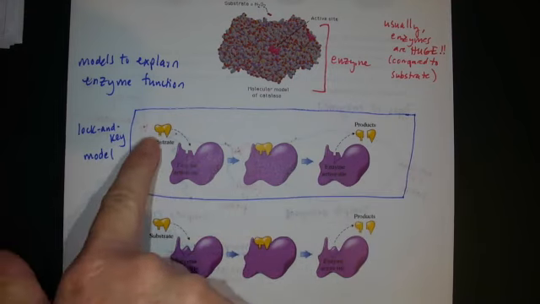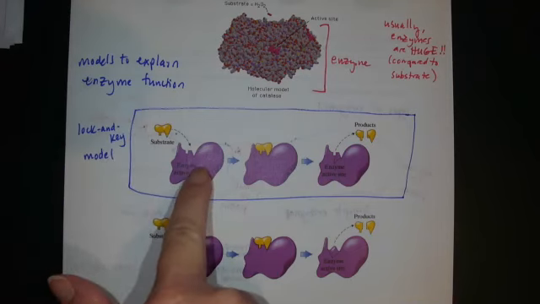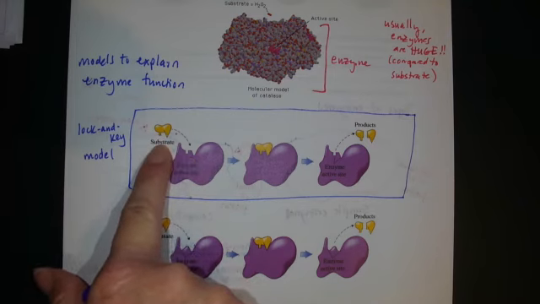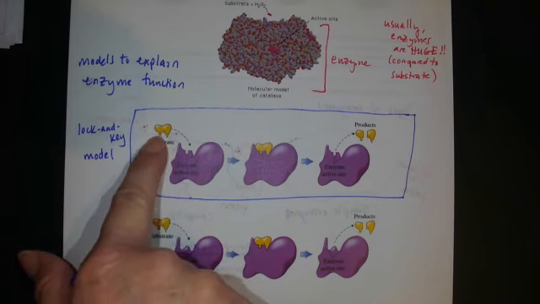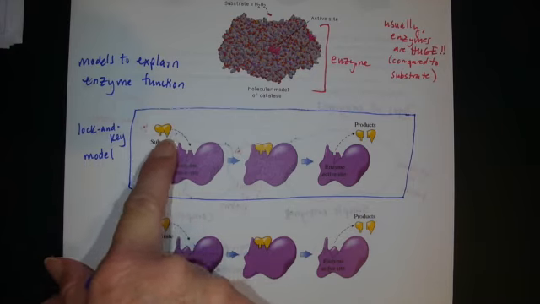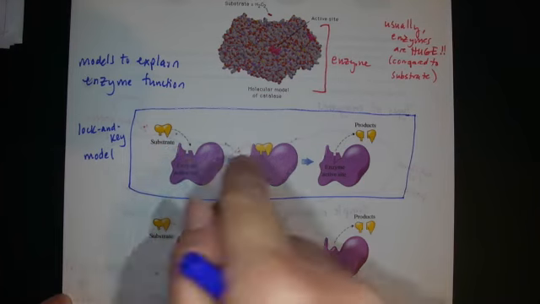It's showing how a substrate approaches. It needs to attach at the active site. Notice the shape of the substrate. This particular substrate has the rectangular thing hanging down next to a triangular thing hanging down. That almost exactly matches the shape of the active site.